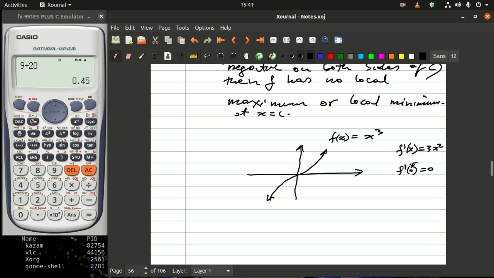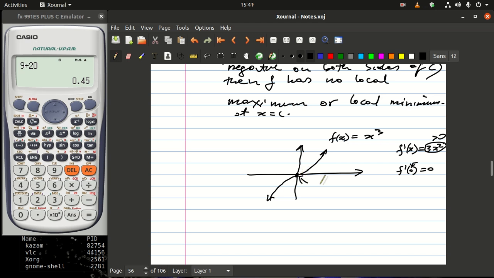But now, when x is equal to 0, which is this point here, look at the first derivative before that. In 3x squared, when I plug in a negative value and square it, I get a positive, and positive times 3 is positive. When I plug in a positive value and square it, I also get a positive. So this one is always going to be positive. So when I pick a point before 0, the function is increasing, and after 0, it is also increasing.